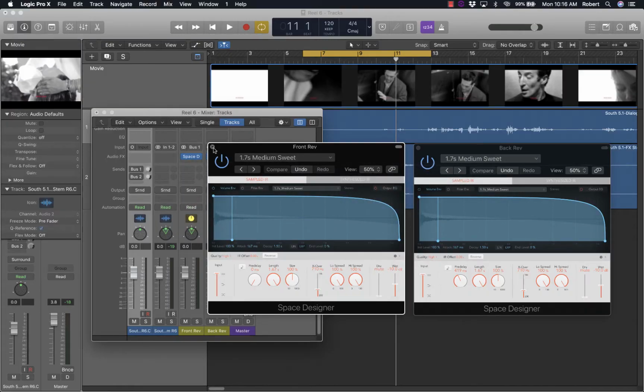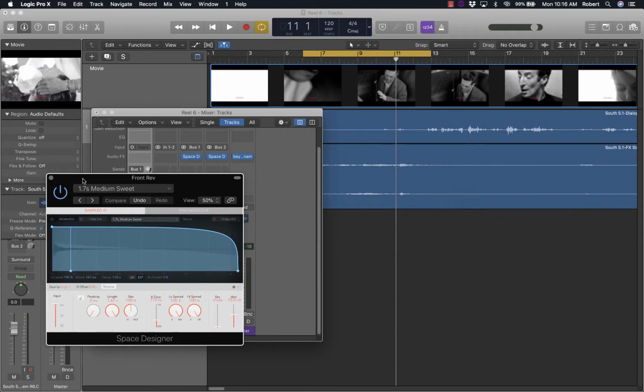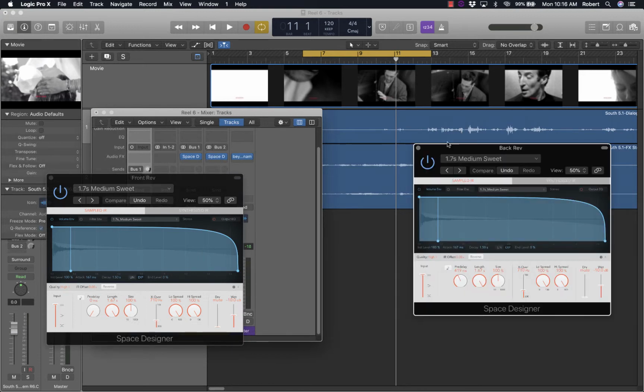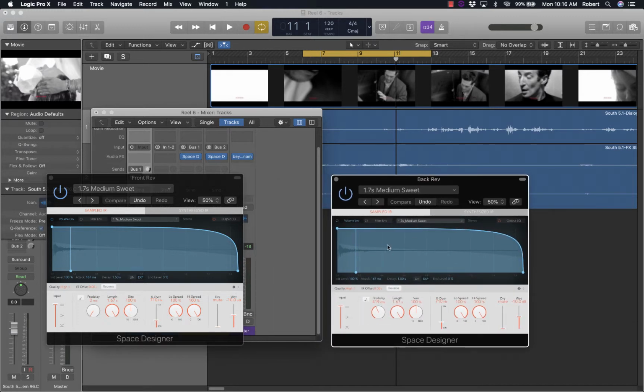In this project, I have loaded Space Designer into two auxiliaries, and I've labeled one front and the other back. The two processors have the same preset, so this is important. But the second reverberation processor, which I will pan to the back left right, has its pre-delay increased. In the first processor there is no pre-delay.